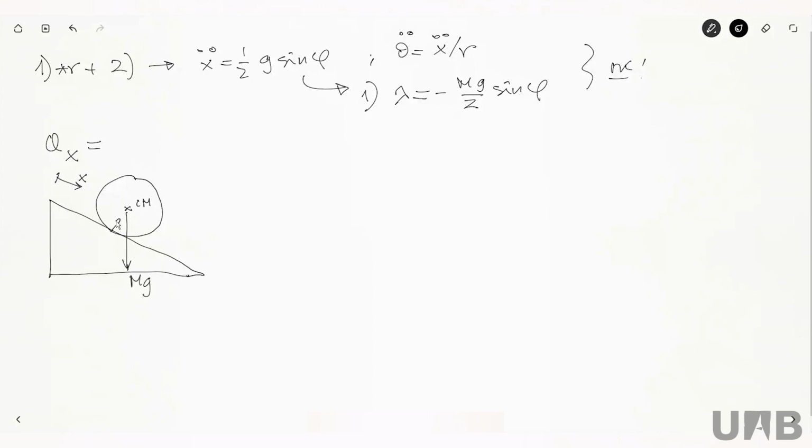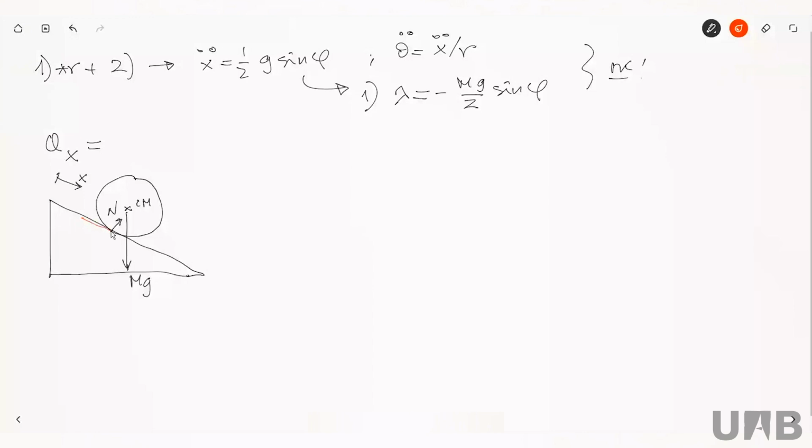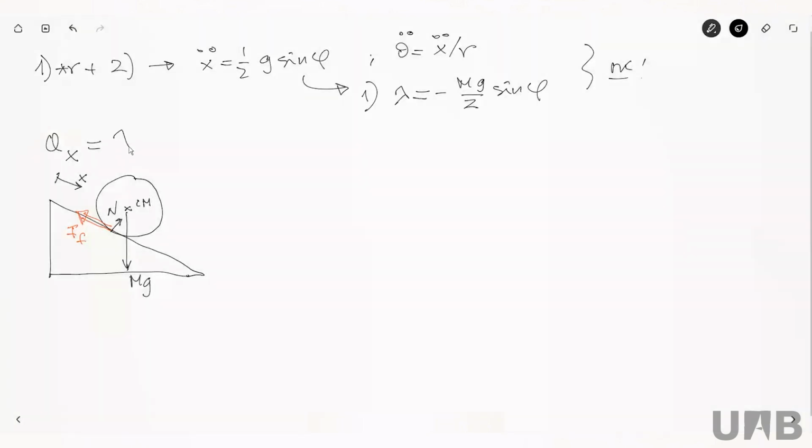This is the reaction, N, from the inclined plane. And then we have the friction. So this is the friction, F friction, okay? And let us see how this F friction is related to this Qx. Remember, the Qx is the force, and the force is lambda, this Lagrange multiplier, times a sub x. So let's go back.